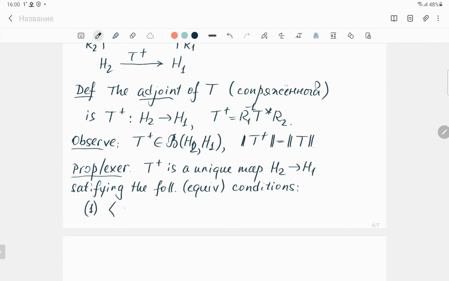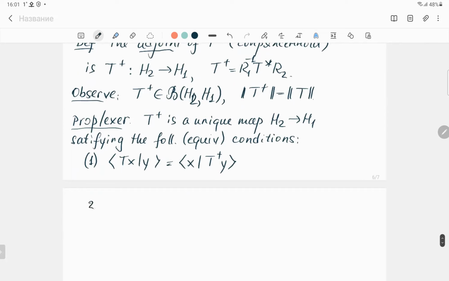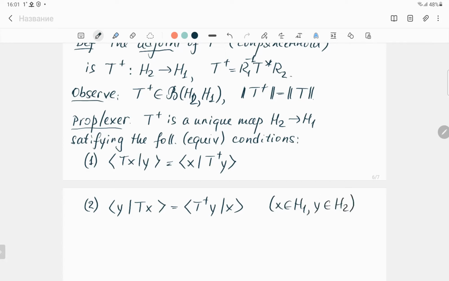Condition 1: the inner product of Tx and y equals the inner product of x and T plus y. Or equivalently, the inner product of y and Tx equals the inner product of T plus y and x. Here, x is in H1 and y is in H2. So this is actually an equivalent definition of T plus, which doesn't involve dual spaces.